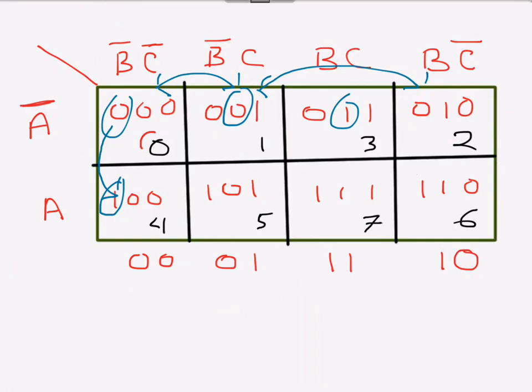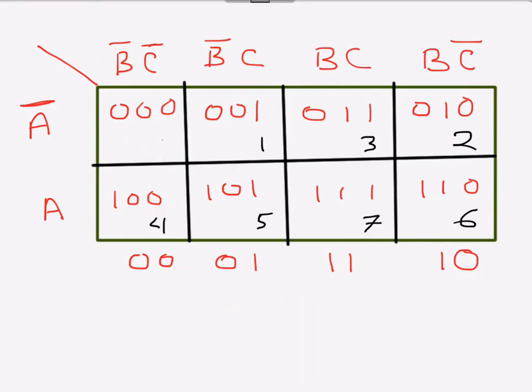So if we rewrite this whole thing in terms of A, B, C, instead of this one I will write A bar, B bar, C bar. This one will be A bar, B bar, C. This one will be A bar, B, C. And this one will be A bar, B, C bar.